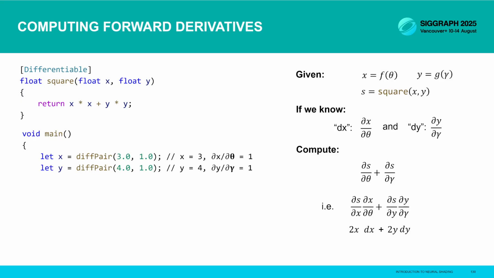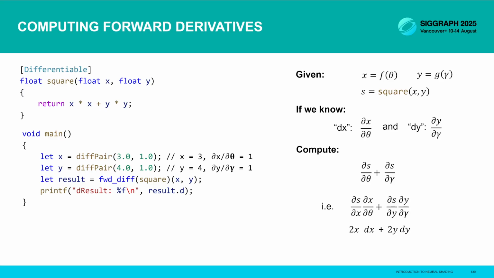You can compute forward gradient propagation very easily with Slang. Let's say we want to evaluate the gradients at x equals 3 and y equals 4. We will call the built-in diffPair function to construct a pair that holds both the original, or the primal, value of x, that is 3, and we also set dx and dy to 1. Next, we are going to use the forward diff operator in Slang to invoke the forward gradient function of the square function.